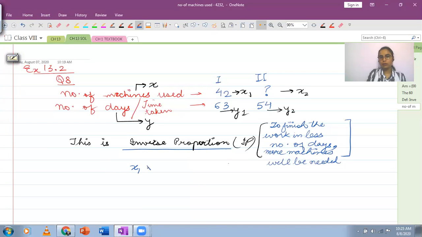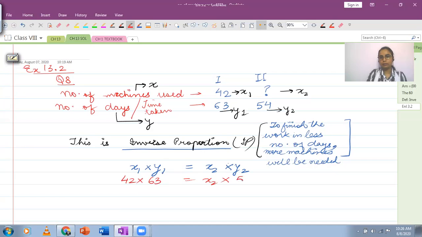So you will have x1 multiplied with y1 equals x2 multiplied with y2. So the product of the values in the first case. So you're going to multiply 42 and 63 on one side and these two on the other. So we have 42 multiplied by 63 equals x2 multiplied by 54, and we want to find out x2.